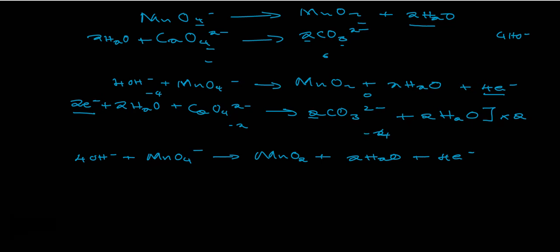Now once we start multiplying by 2, this one is going to become 4 electrons. Then 2 times that, you're going to have 4. Then 2 times this, you're going to have 2. These things are very simple. 2 times this, you have 4.